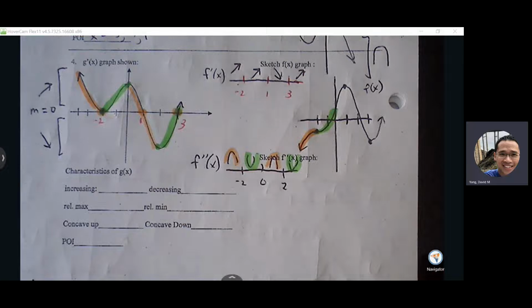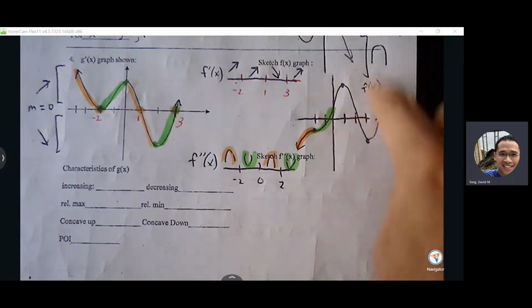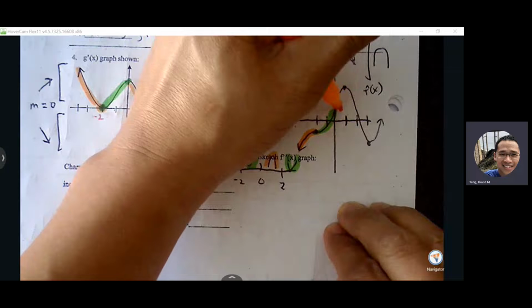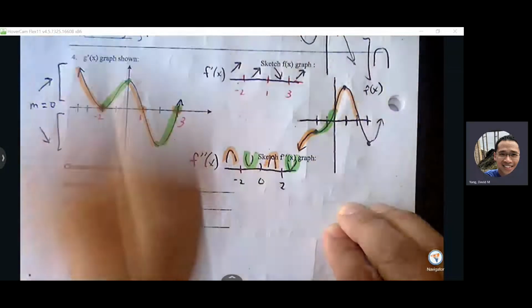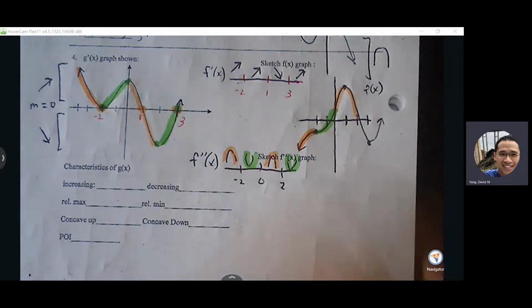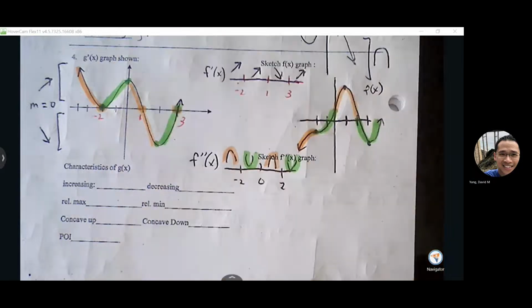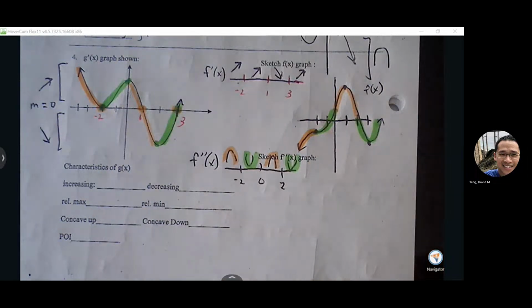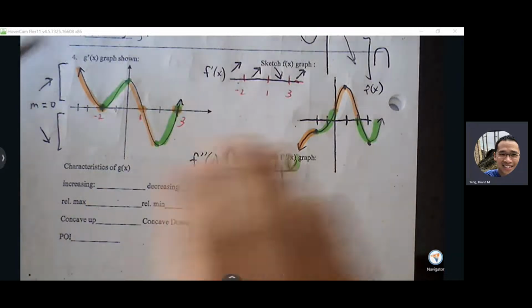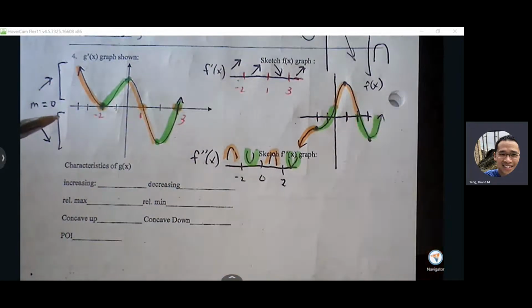And then from 0 to 2, concave down, we do see that visual shape of concave down, and then concave up is here. But the way that we pull that information off of the derivative graph is not the same way that we pulled it off of the original graph.